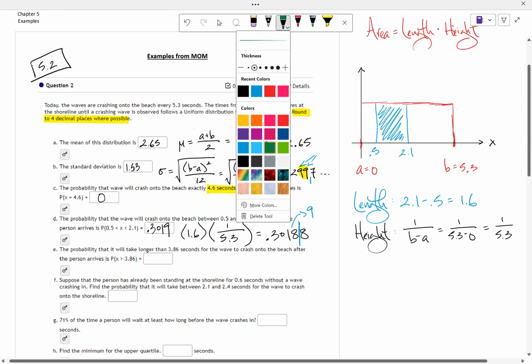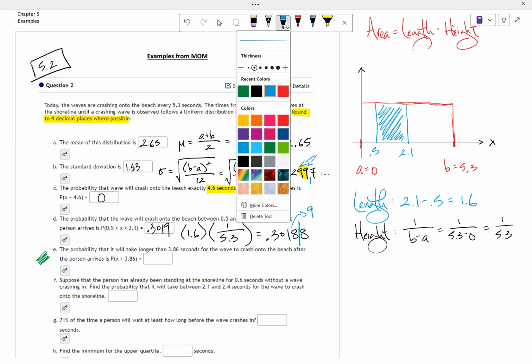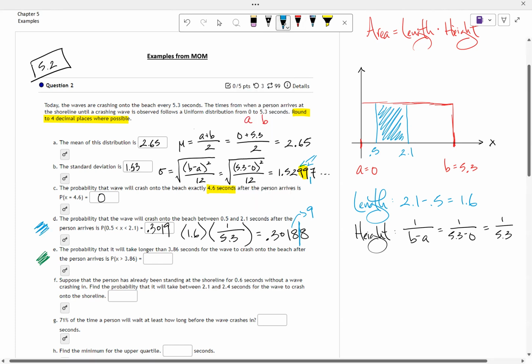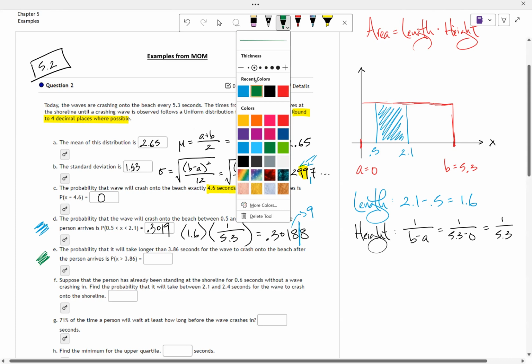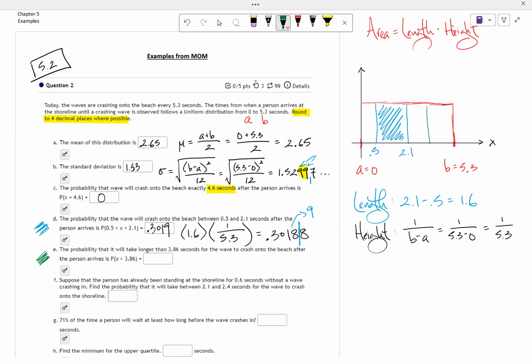This is our green rectangle; the blue one was on the page before. With this green rectangle, it's taking longer than 3.86, so we're looking for the area of the green rectangle.